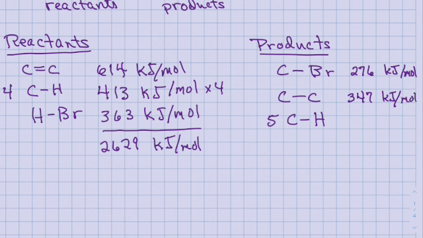And the carbon-hydrogen we've already measured is 413, and we've got 5 of those bonds. Now there is a shortcut here that you could take, but I'm not going to mention that right now. I don't want to add to any confusion. So we're just going to take that 5 times 413.